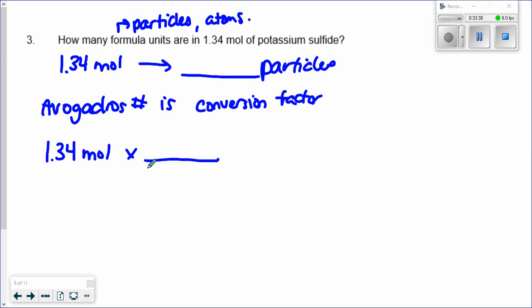We know that 6.022 times 10 to the power of 23 particles is equal to 1 mole. Since I have mole on top, I want mole on the bottom. So 1 mole is 6.022 times 10 to the power of 23 particles.